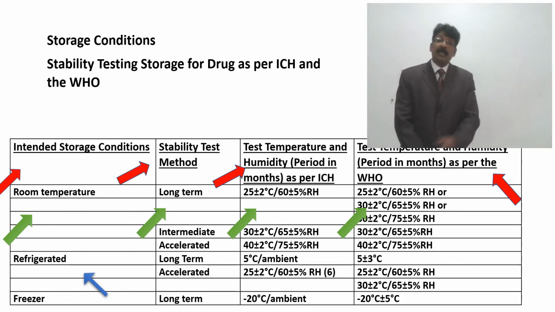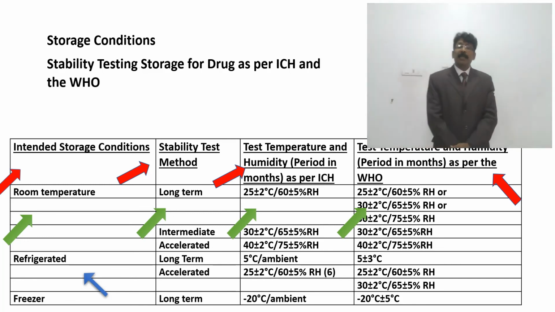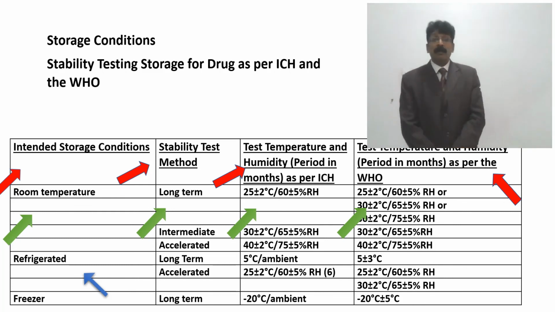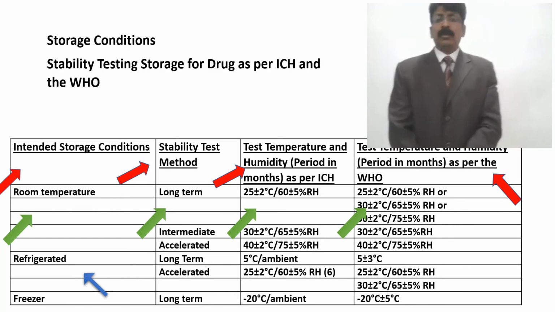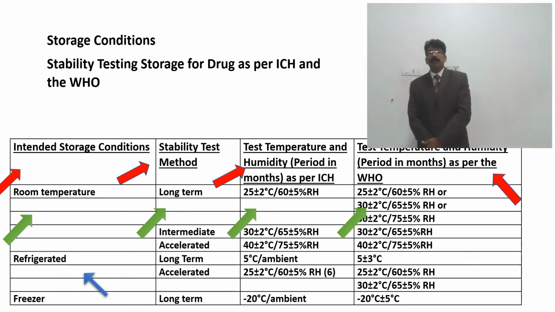Intermediate means 30, accelerated means 40 degrees centigrade, and humidity also you have to remember, 65, 65, 75, 75 for accelerated. And for long term freezer, you can see minus 20 is given by ICH and minus 20 is the same which is given by WHO.